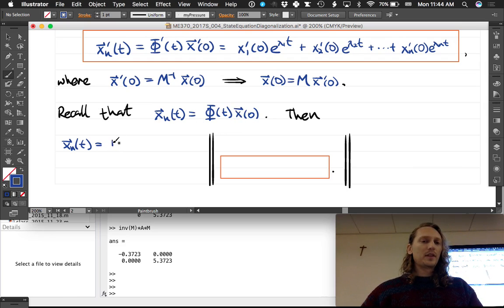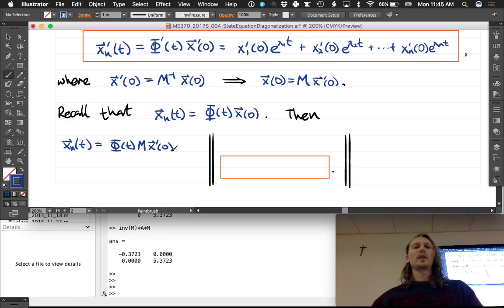So we'll use our phi of t times, and then I'm going to use this expression right here. So I'm going to say x of 0, the initial condition in the unprimed coordinates, is just equal to m times x prime of 0. Okay, that's just a transformation of the basis of the initial condition, right?